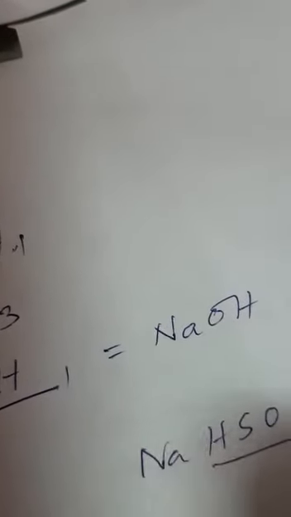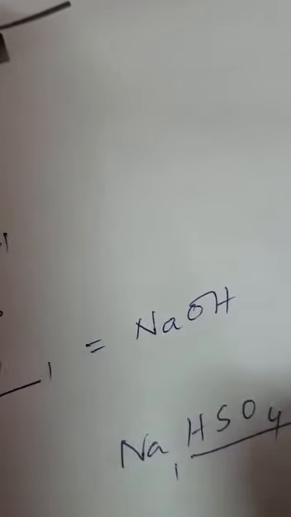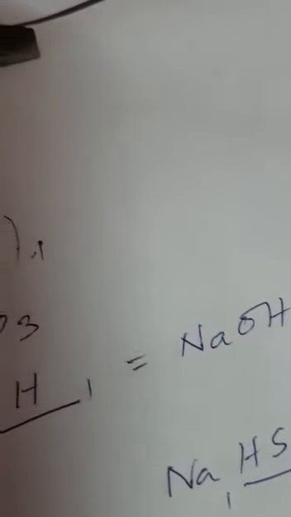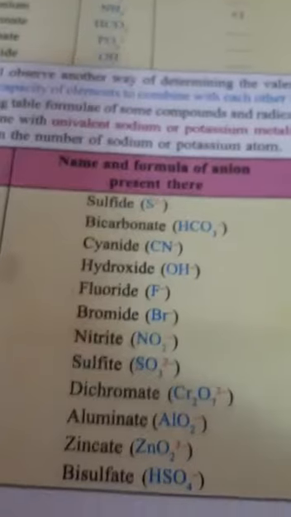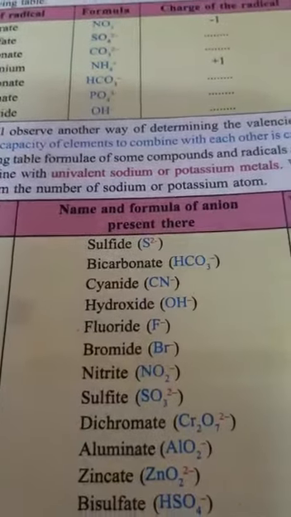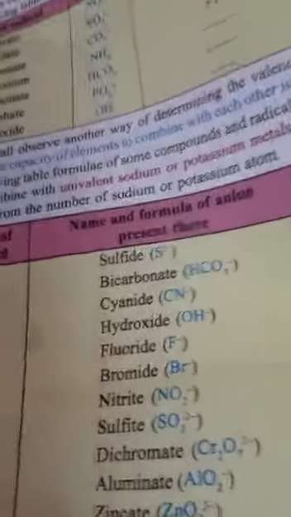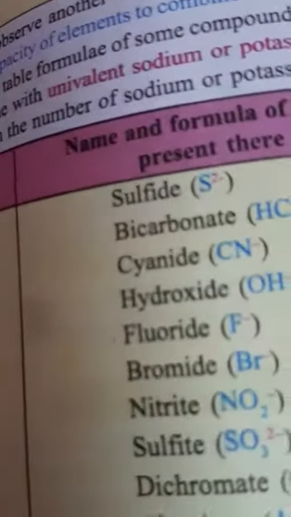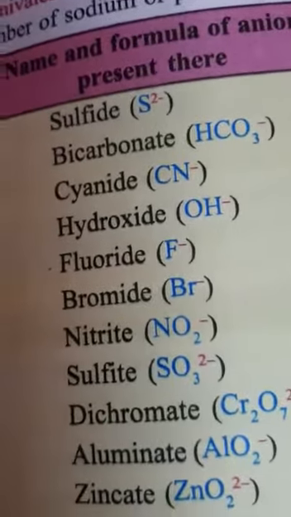Here it has the valency of 1 and it has the valency of 1. That means we have to learn the valencies of these radicals. We have to know the valencies of these radicals so that we can write chemical formulas.